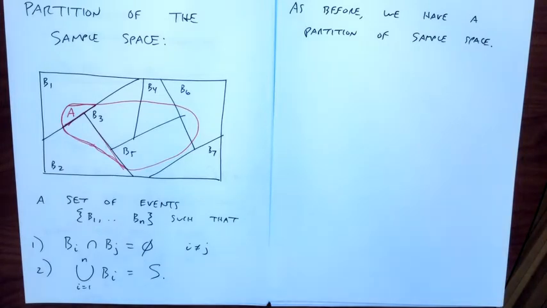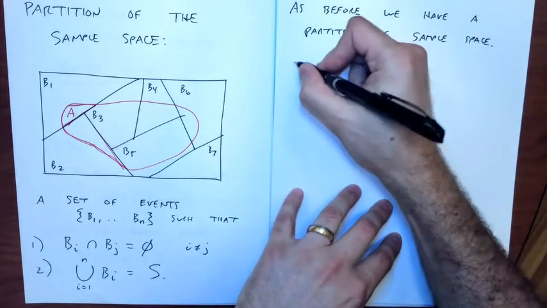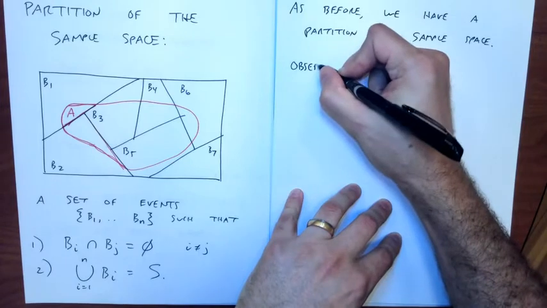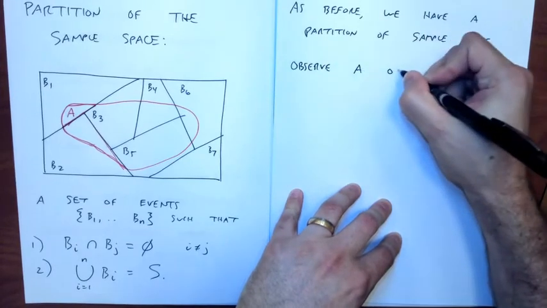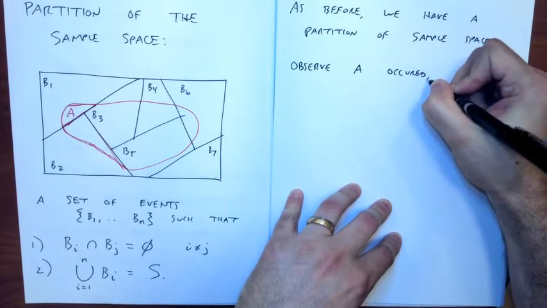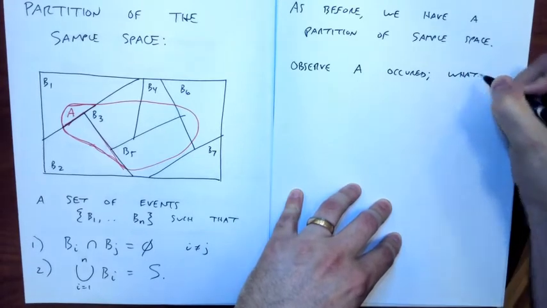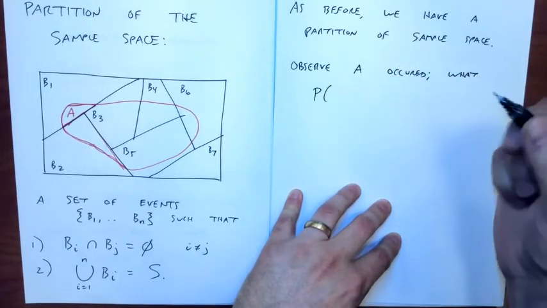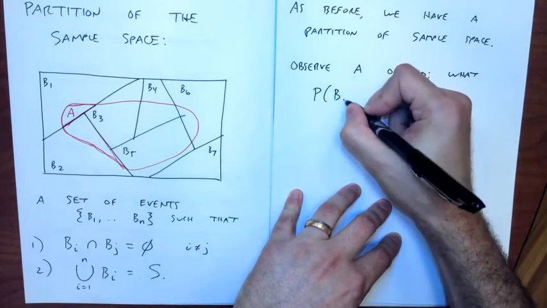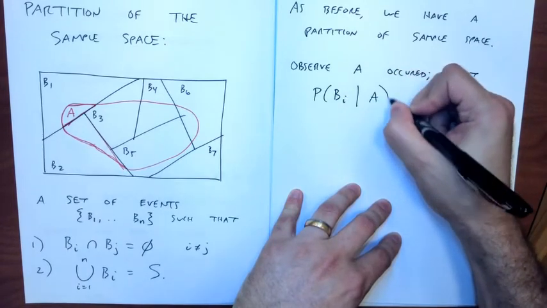Now we observe that A occurred, and we want to know what is the probability that B_i occurred given A.